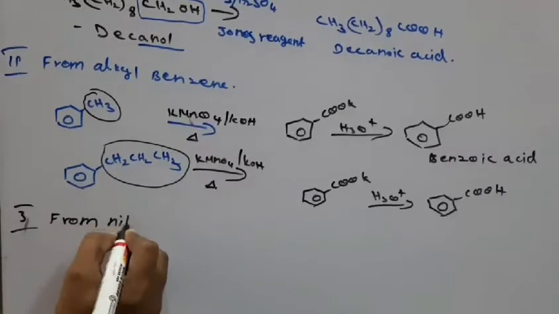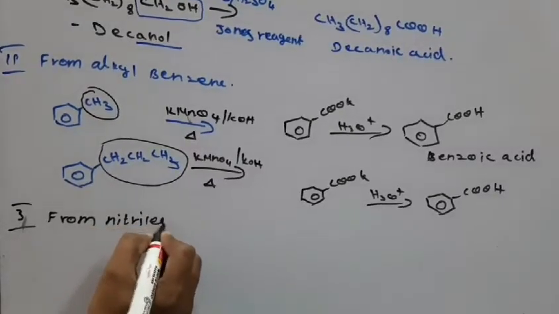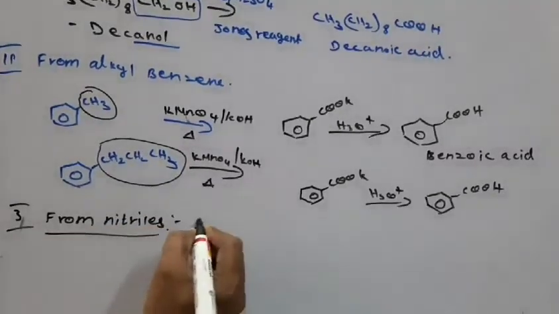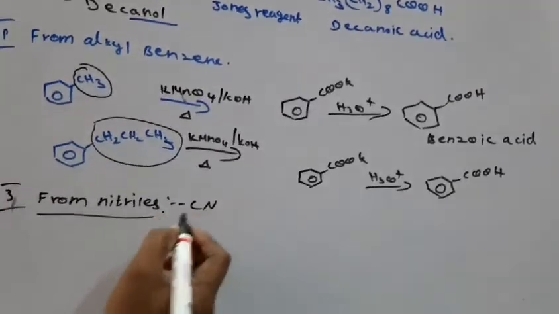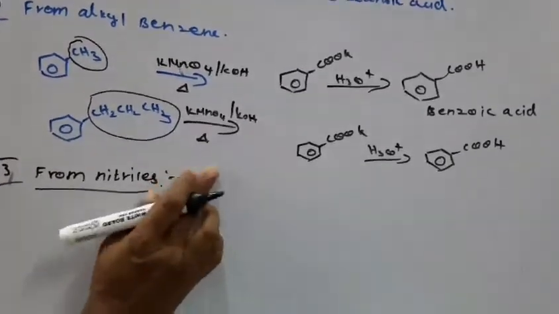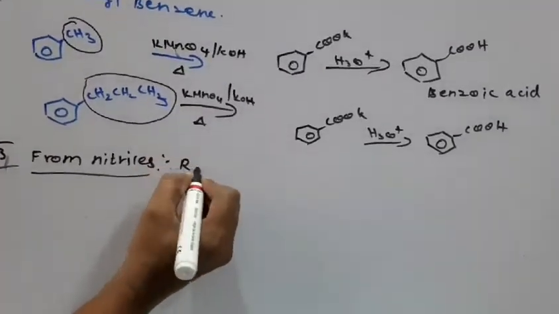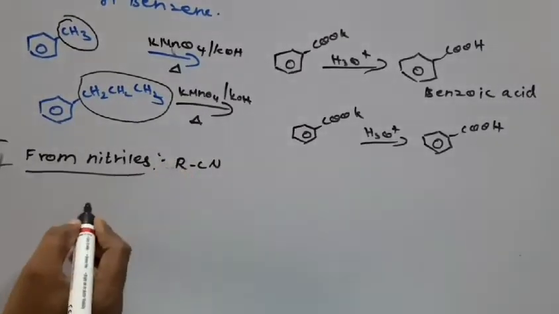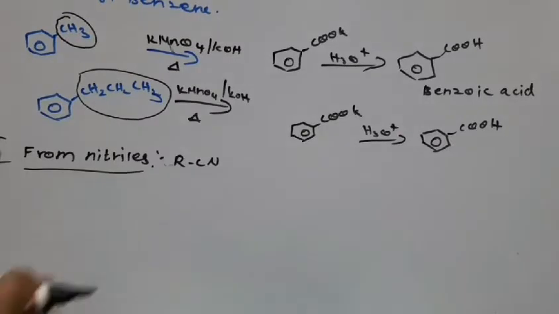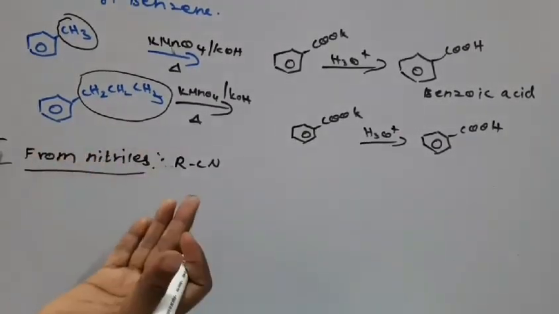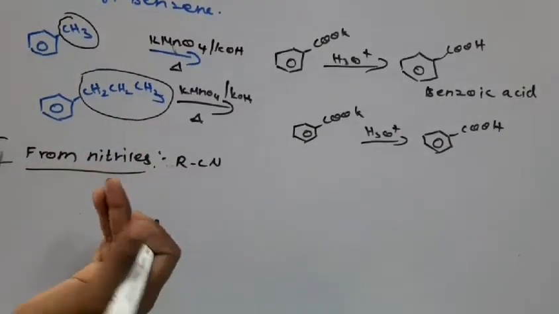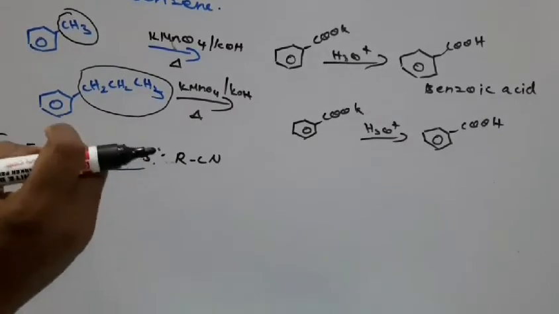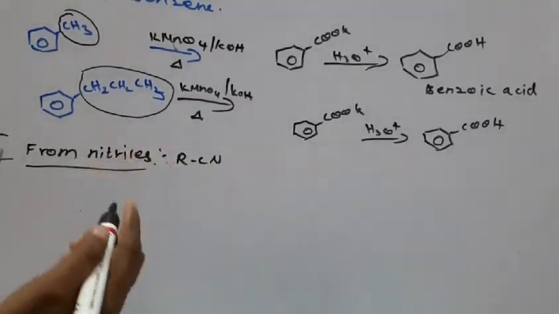From nitriles. Students, you know nitriles, what is the formula? Cyanide. Nitrile means alkyl group with cyano group, that is alkyl nitrile. This alkyl nitrile in the presence of acidic medium or base medium first produces amide, and that amide produces the acid.